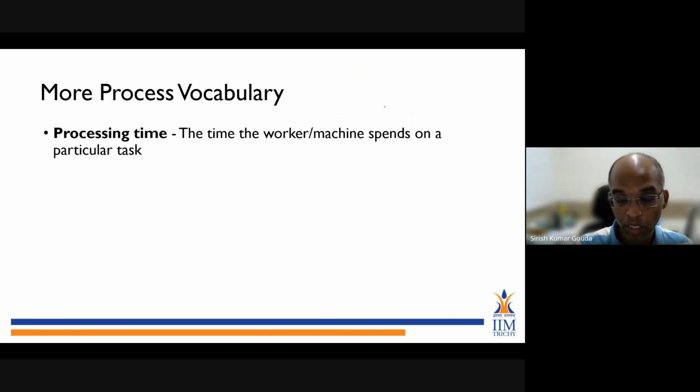Processing time is nothing but the time any particular activity, worker, or machine is taking to complete one particular activity. Recollect our definition of this particular rectangle, which is representing an activity. If a particular flow unit takes about 2 minutes to complete this particular activity, then we call that the processing time of that particular activity.